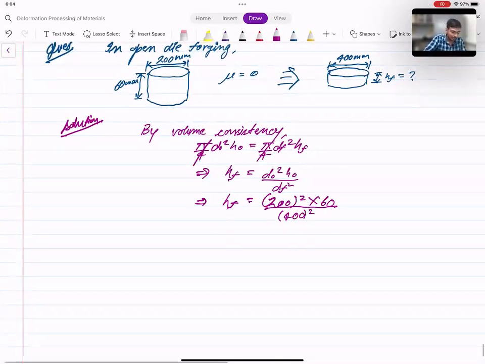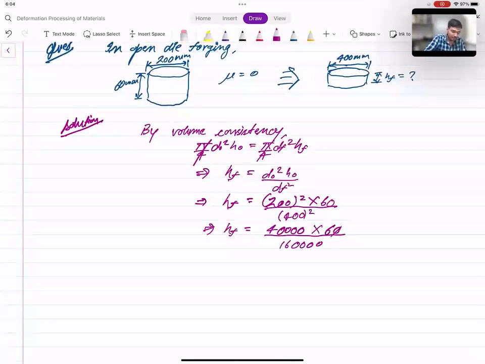Upon solving this, we will get hf as nothing but 40,000 into 60 upon 1,60,000. So this cancels out, and here it remains as it is.